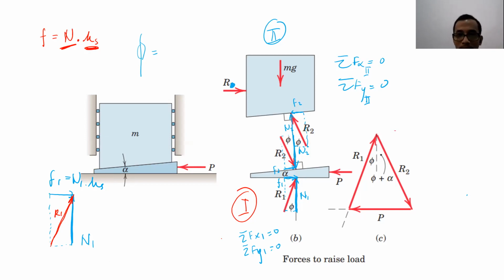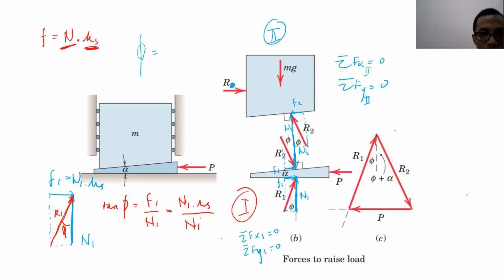Okay, and now let's talk about the angle. The angle is this angle, right? This is phi. Can you tell me what is tangent phi there, Matthew? The friction over the normal force. F1 divided by N1, right? It will be the same as what in this case? N1 multiplied by mu s divided by N1. Correct, right? So tangent phi in this case will be the same as mu s.